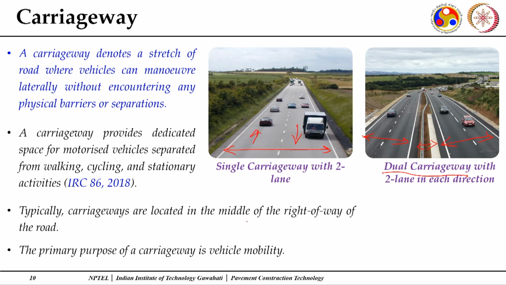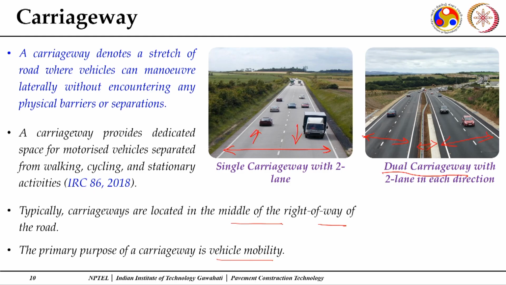Typically, carriageways are located in the middle of the right of way of the road, because we acquire the land as right of way, and in the middle of that right of way you have your main carriageways. The primary purpose of a carriageway is vehicle mobility.